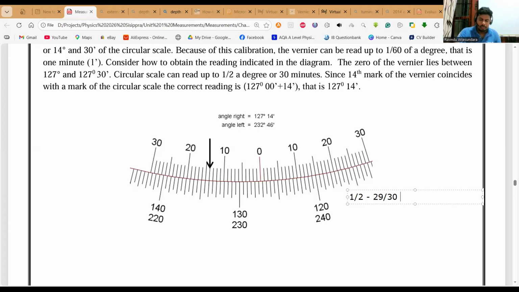If you take the common denominator here, you can clearly see 30 and 2 are there, half is there, right? We have divided it like that, no?